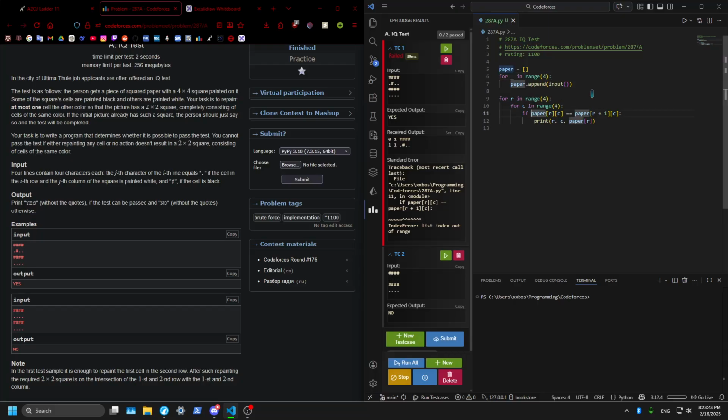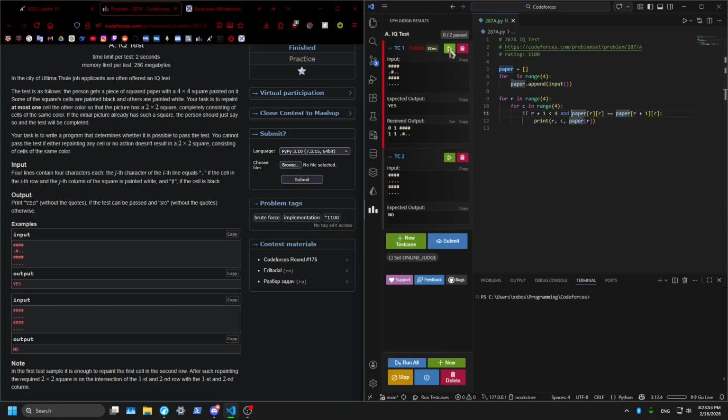If R plus 1 is less than 4 and... row plus 1.